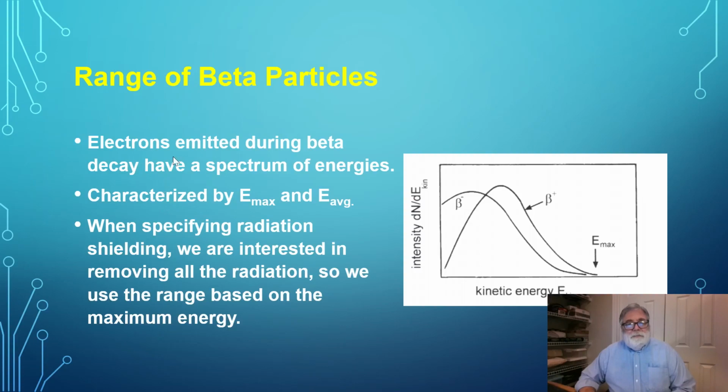So when we're trying to find the range of radiation coming from a beta source, we're really interested in removing all the beta particles. So in that case, we would want to use Emax. So the energy that we would use to find the range of beta particles would be Emax. Then we can go to our tables or our database and find out what the range is for an electron with energy Emax. Okay?